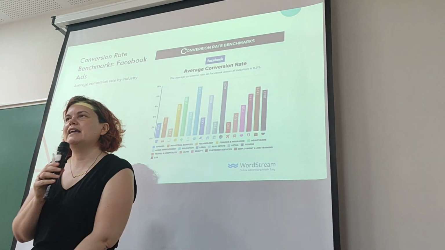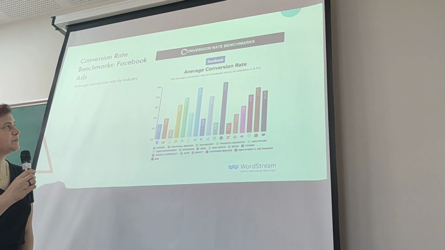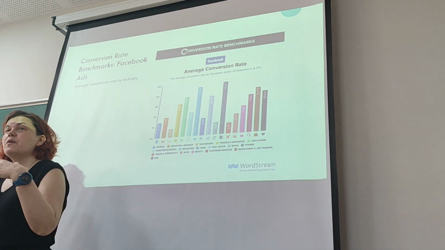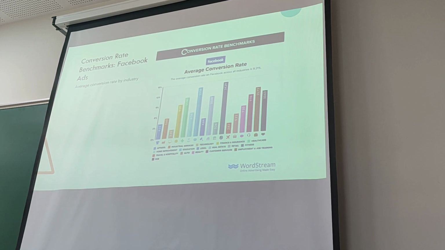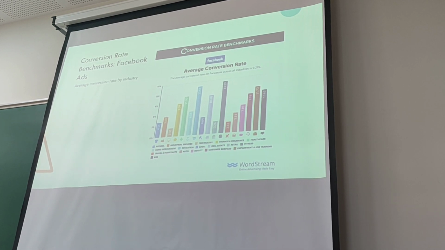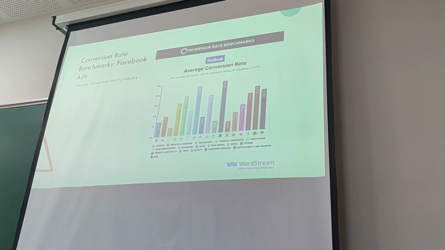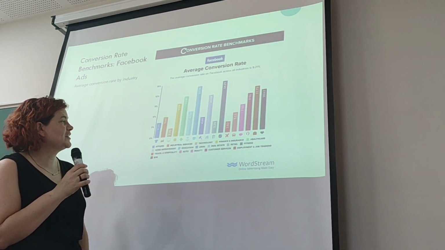Oh, fitness. Yes, it's fitness for Facebook ads. For me, in my age group, most of the ads I see on Facebook seem to be for fitness, probably because I have a lot of hobbies that involve activities. But yes, they have a very high conversion rate.